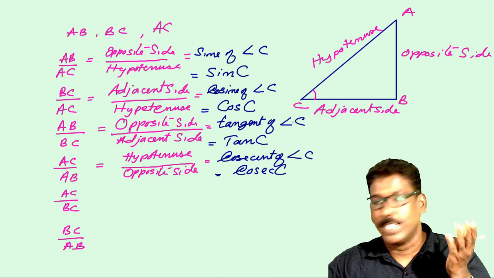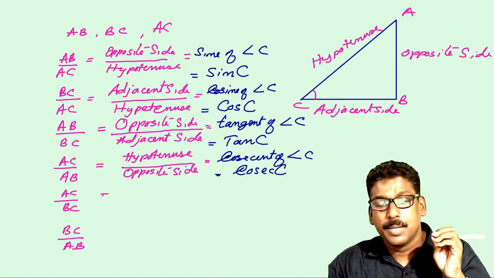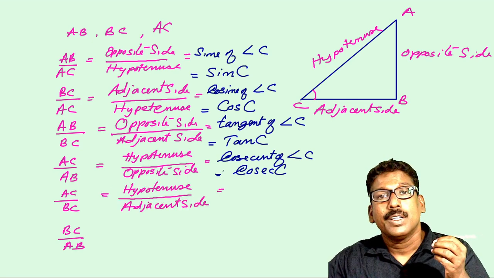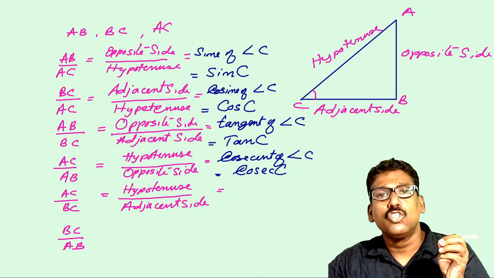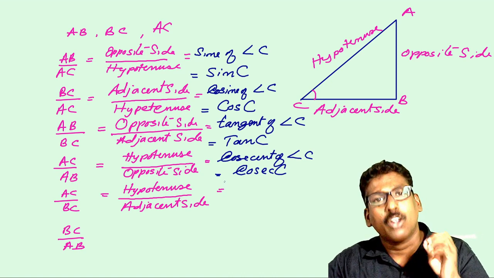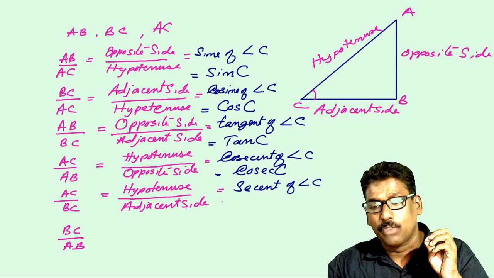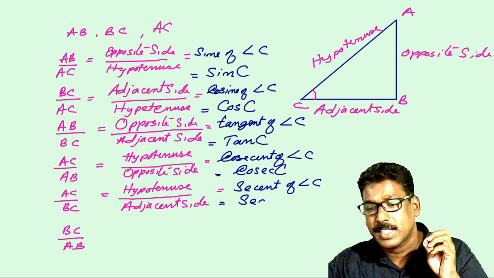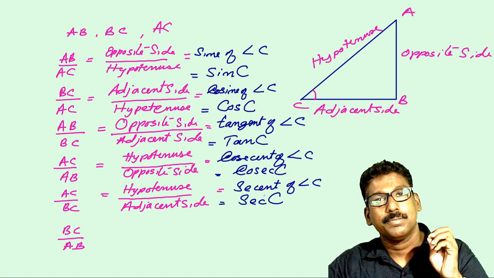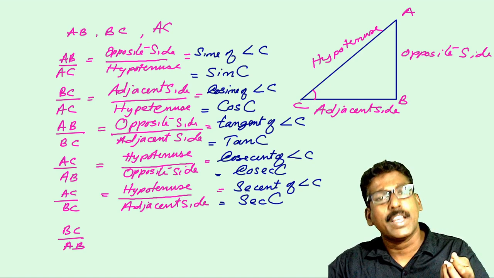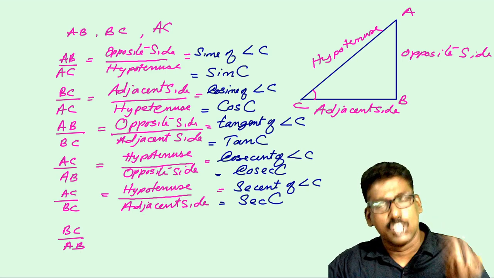Now the other ratio is AC by BC, that is hypotenuse by adjacent side. This hypotenuse by adjacent side we can call it as secant of angle C. Secant of angle C, or in short we can call it as sec C. And the last ratio is the reciprocal of tangent of angle C, that is opposite side by adjacent side's reciprocal.